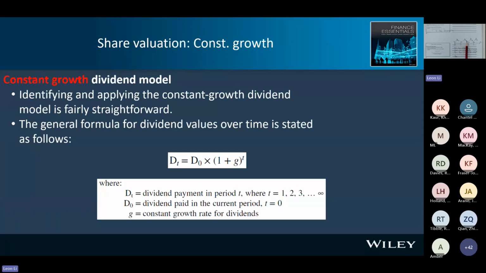You can see the growth rate G in year 1, year 2, year 3. In this special case, our dividend growth rate is a constant, so we have the constant growth dividend model.